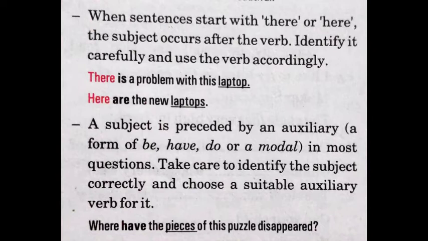Auxiliary means any form of be, like is, am, are, was, were, or have, do or some sort of modal. So whenever there's an auxiliary, we need to choose that auxiliary very wisely according to the subject. For example, where have the pieces of this puzzle disappeared? Now we are talking about pieces, plural. So we have used have with it.